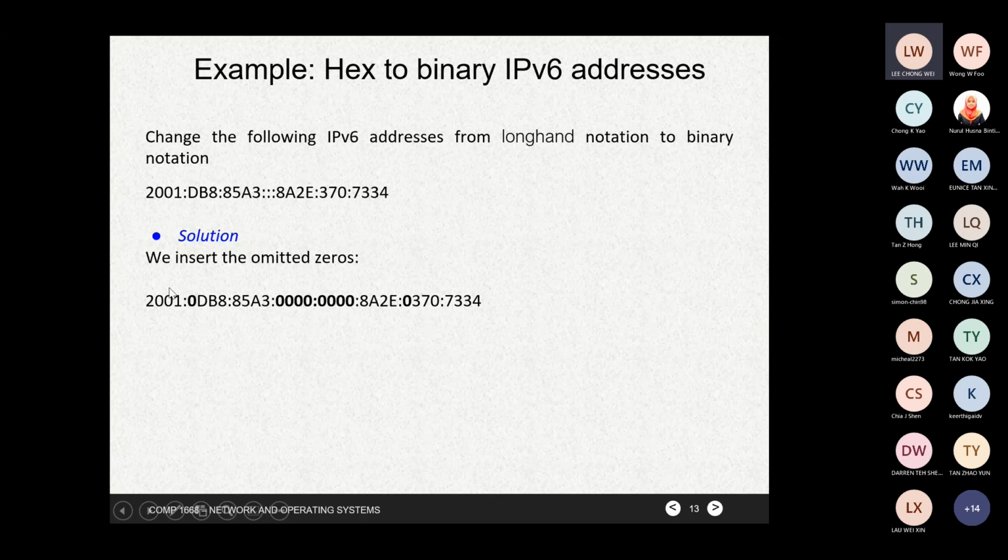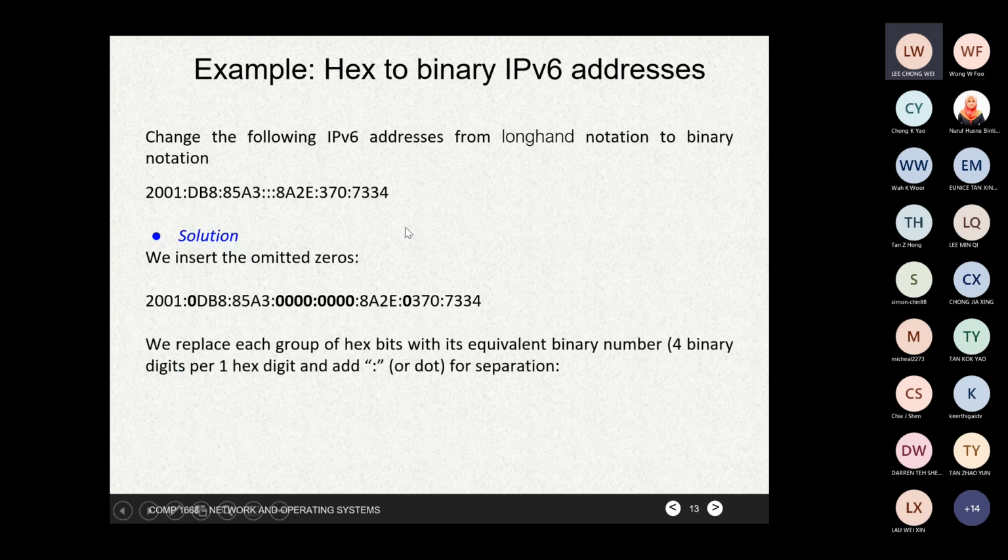So we wanted a complete IP version 6, so you insert zeros wherever the zeros are missing. Okay, the other difference between IP version 4 and 6, which we may not pay attention to: in version 4, you use a single dot over here.